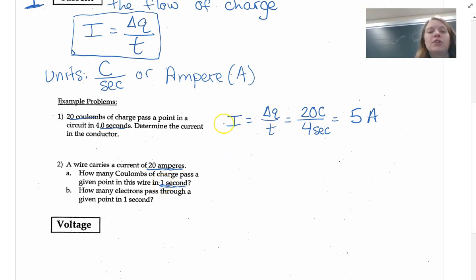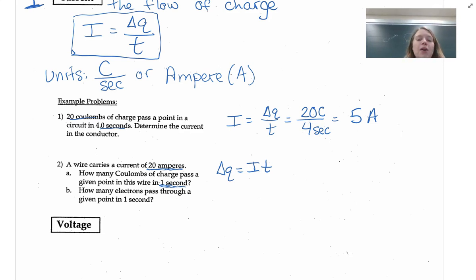We could rearrange our formula to say, okay, the change in charge is the current times time. So I'm going to take my 20 amperes and multiply by 1 second. I get 20 coulombs. But we can also just think about the fact that an ampere is a coulomb per second. So 20 amperes is 20 coulombs passing through this point every second. So the answer is 20 coulombs.